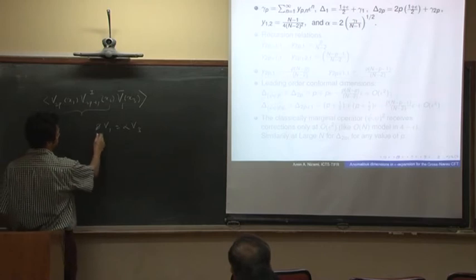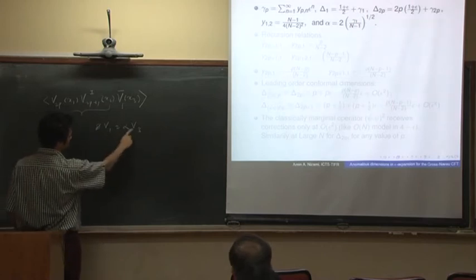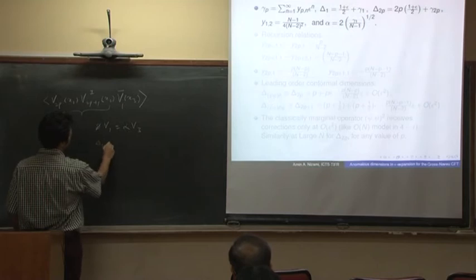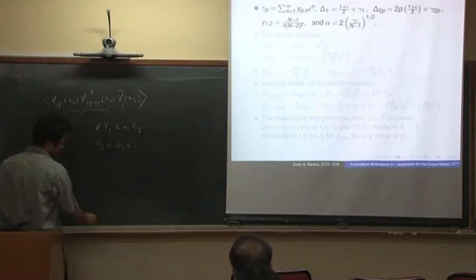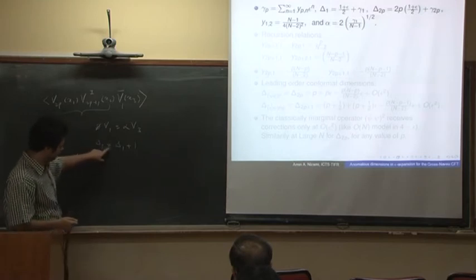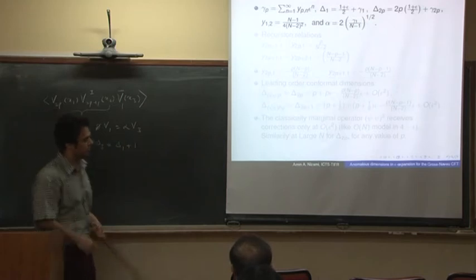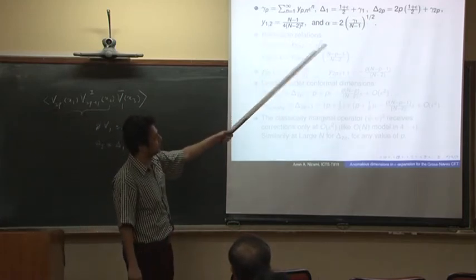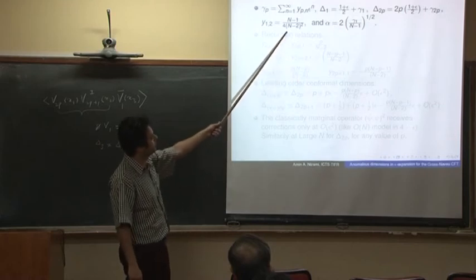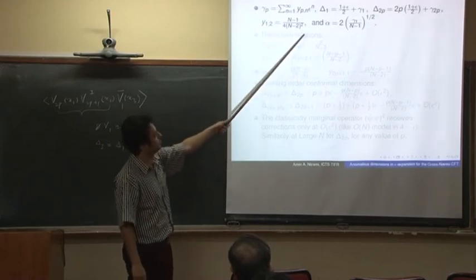Therefore, there is an exact relation between the operator dimensions. So del of 3 is exactly equal to del of 1 plus 1. Right? And that will give you a relation between the anomalous dimensions of this operator and this operator. From that, you can figure out that for the operator psi, the leading order anomalous dimension will be this quantity.